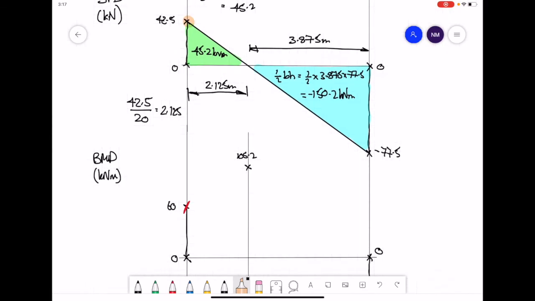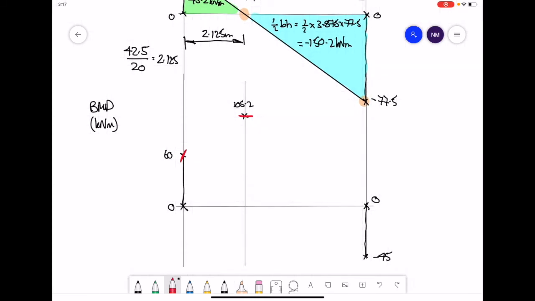Looking at the shear force value here, we have a 0 shear force value. That means we have at that point a value of 0 gradient, or a flat line. Then at the end of the beam, we've got a shear force value of minus 77.5. That tells us the gradient here is going to be negative 77.5.